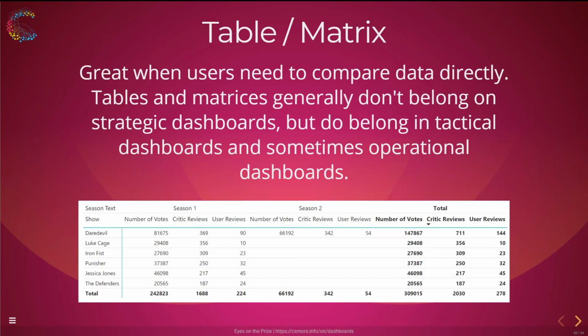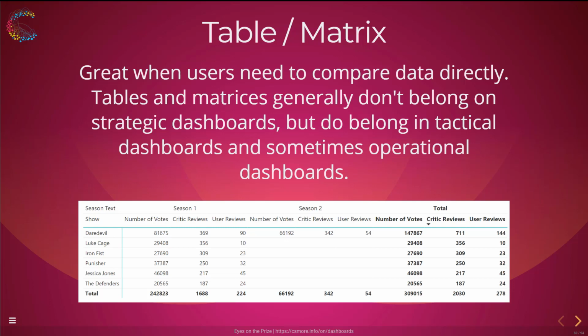First thing I want to talk about, a table or a matrix. This is something that people don't tend to think about as visuals, but it is just as much a visual as any other. If users need to compare data directly, this is great. A table or a matrix, especially on an operational or tactical dashboard, yeah, go ahead and throw it on there.